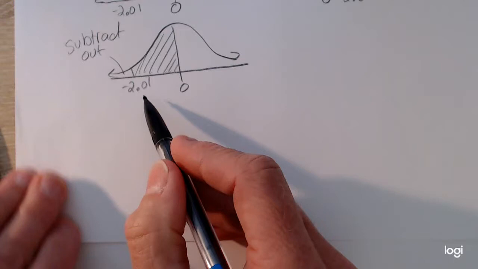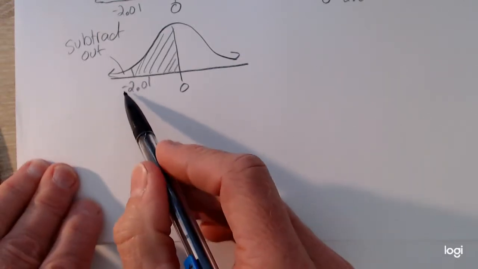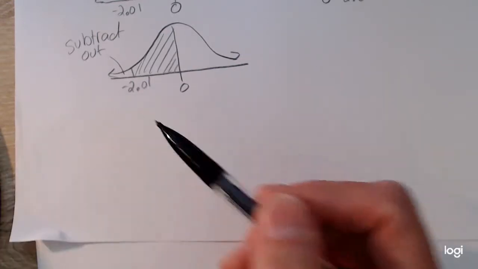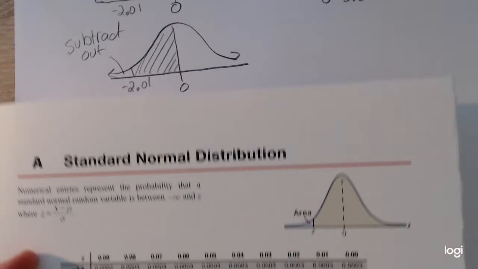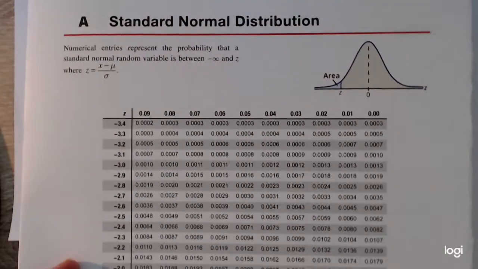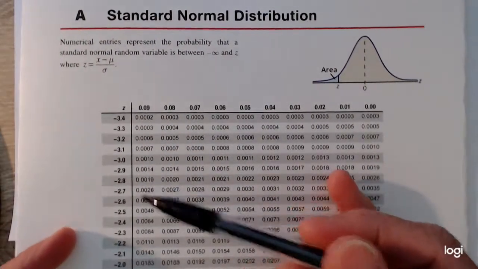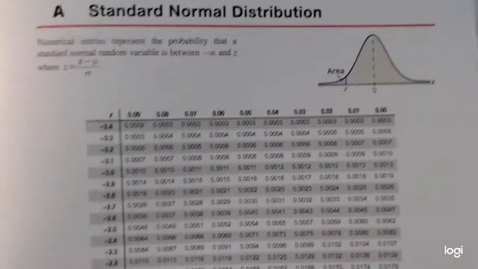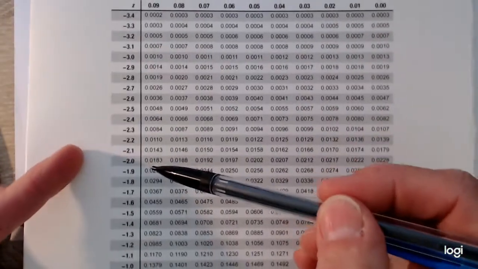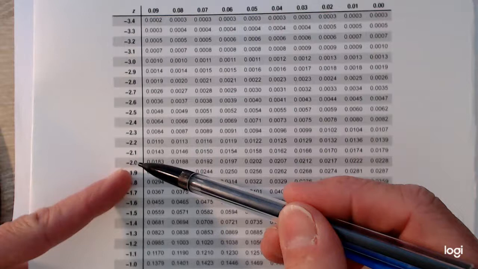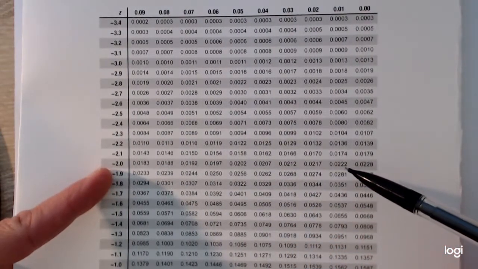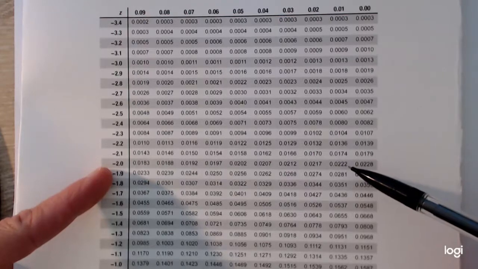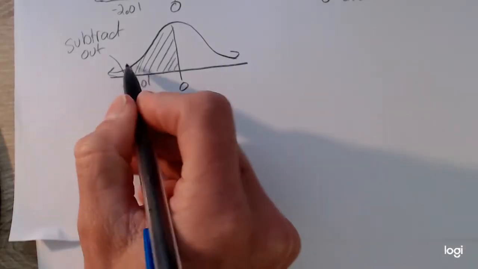Okay, so looking at the cumulative z-table, and I want the page that corresponds to a z-score that is negative, I want to find the area to the left of negative 2.01, so I'm going to read down to negative 2.0 and over to 0.01, and that's 0.0222.